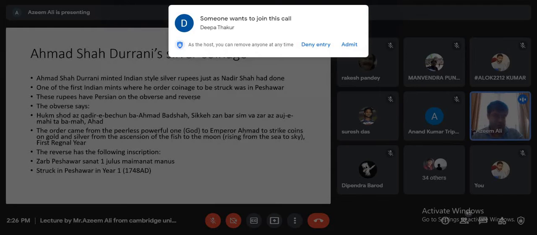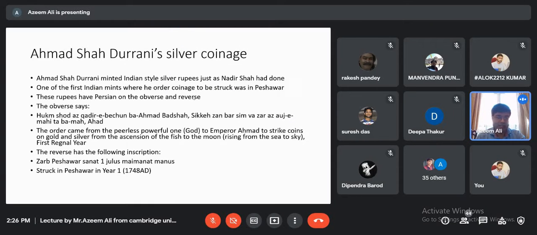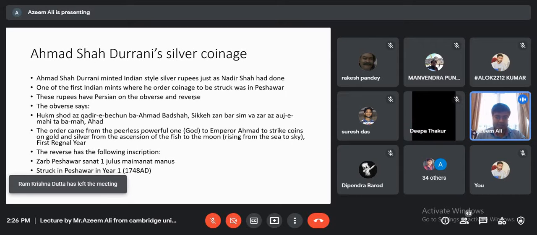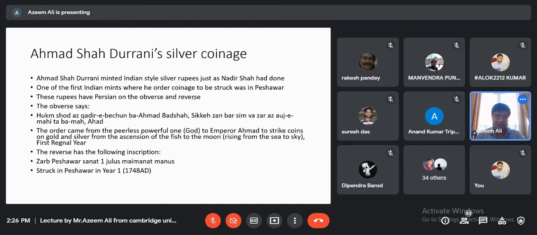The obverse says, Hukum shod az Khadir e bechon ba Ahmad Basho Sikhe Zambasim Vazo as Auj Mahi Kaba Ma Ahad. And this means the order came from the peerless powerful one to Emperor Ahmad to strike coins on gold and silver from the accession of the fish to the moon, rising from the sea to sky, the first regnal year, which is the meaning of Ahad.